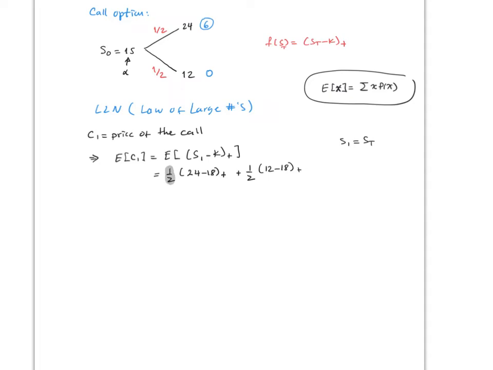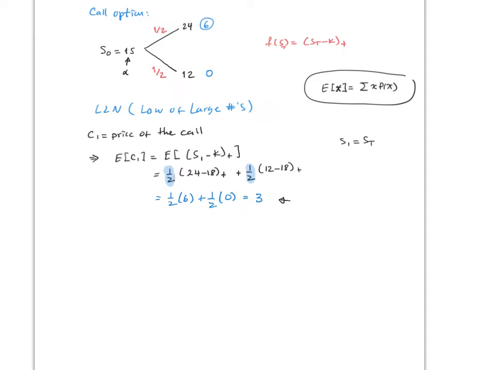This one is the market probabilities. So therefore this is going to be equal to 1/2 times 6 plus 1/2 times 0. So this is equal to 3.